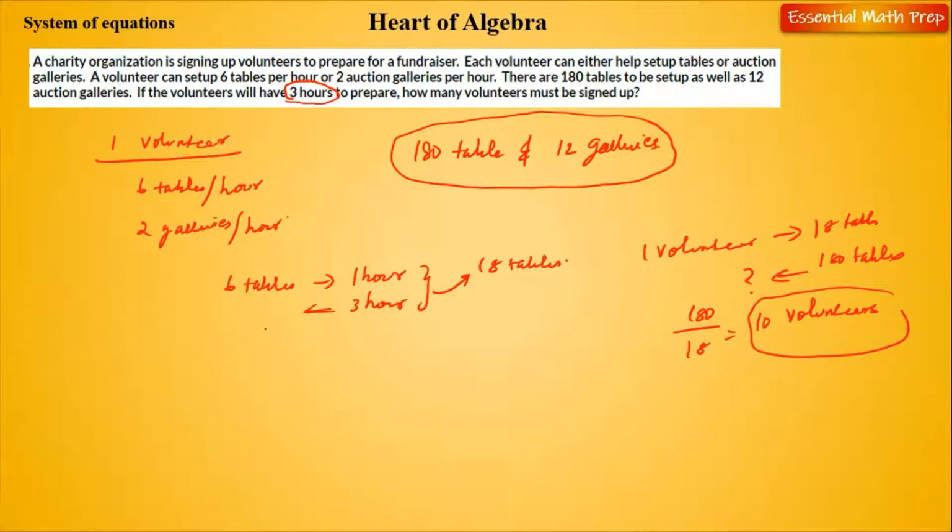Now let's go to the auction galleries. So a volunteer can do 2 galleries in 1 hour, right? So he or she could set up 6 galleries in 3 hours, right?